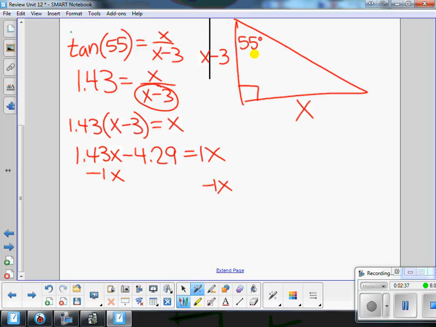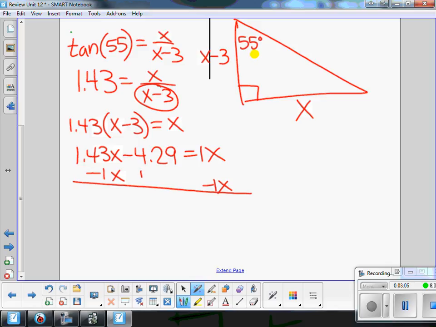In the meantime, I want to group this like term over on the other side because it's not a like term. It doesn't have an x with it. So I'm sending the constant term, 4.29, over to the right side, while I bring the variable term over to the left side. I'm doing it this way so I don't have negatives. Positives rule the world. Okay?